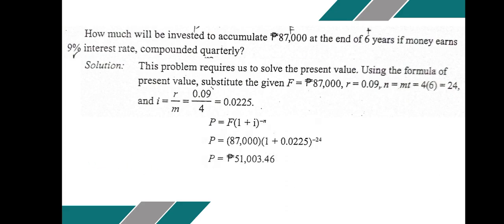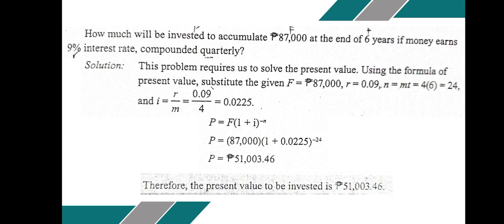And then, our formula for the present value, right, is P is equal to F times 1 plus I raised to negative N. And then our F here is 87,000 pesos times 1 plus I, which is 0.0225 raised to negative 24, and that is equal to 51,003.46 pesos.